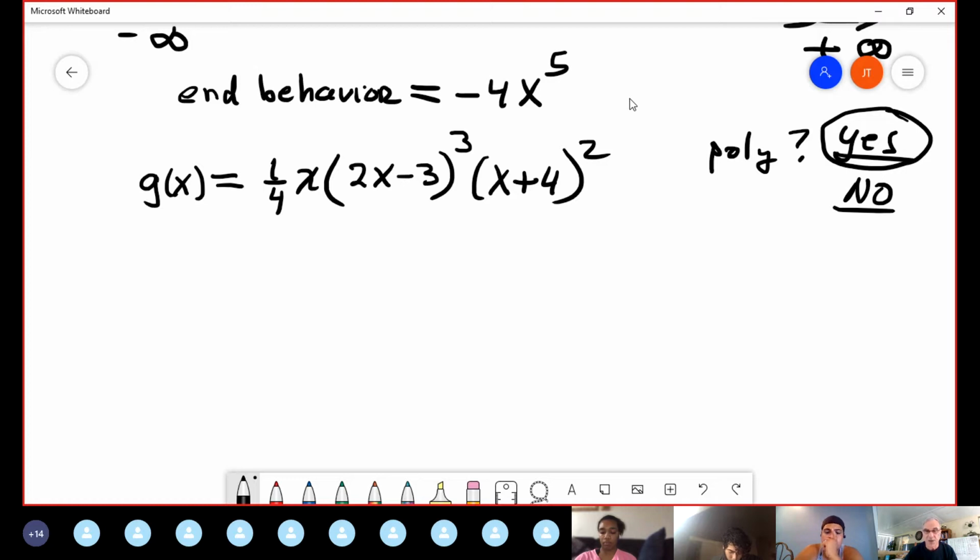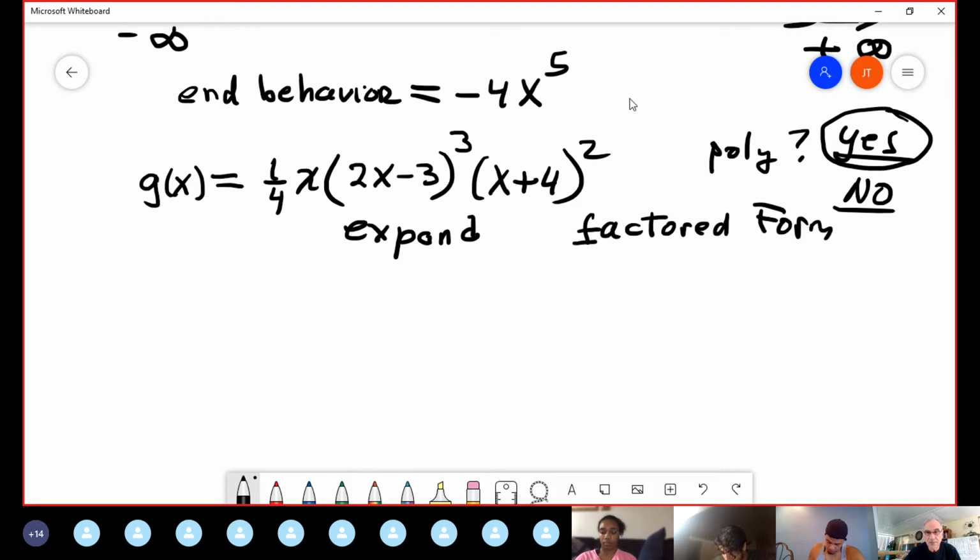This is just algebra. It is a polynomial when you expand this, because the polynomial that the professor put on the board is expressed in factored form. But my question is, what is the end behavior? Express it.